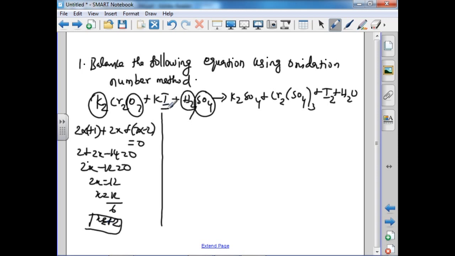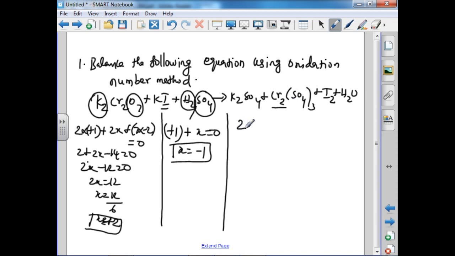Next we calculate iodine. Potassium plus 1 oxidation state plus X equals 0, X equals minus 1 in KI. From the product side, calculate the oxidation number of chromium in Cr2(SO4)3.